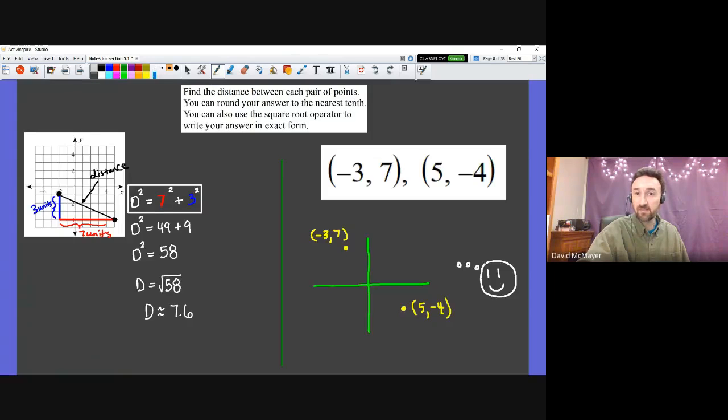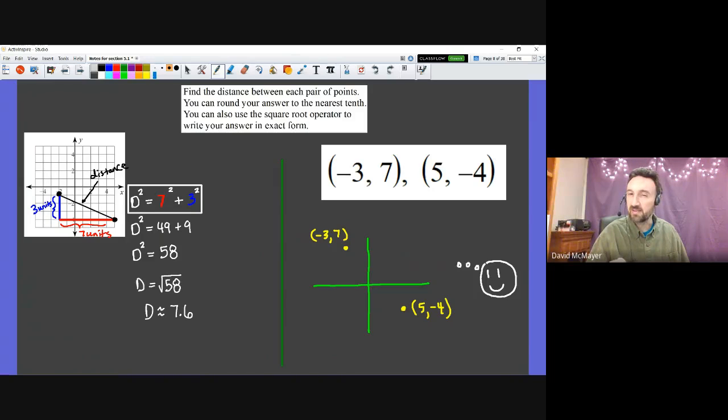I can take a look at the second problem as well, and I got to be honest. When I see two coordinate points, or even just one coordinate point, I have a picture in my head of where that coordinate point or where those coordinate points would be on a graph. So -3, 7, that's a little to the left and then up. And then 5, -4, that's a little to the right and then down.